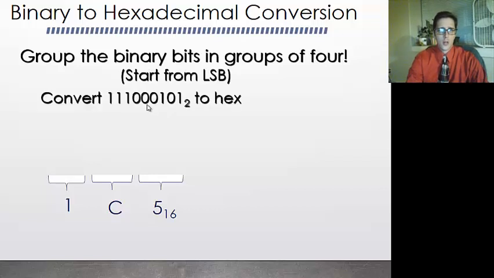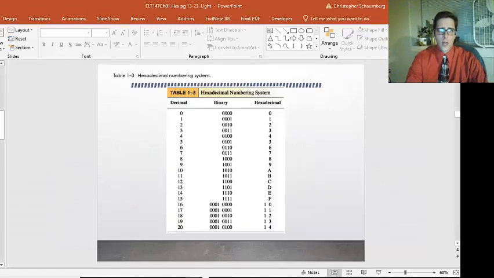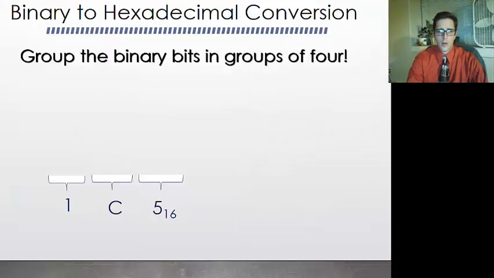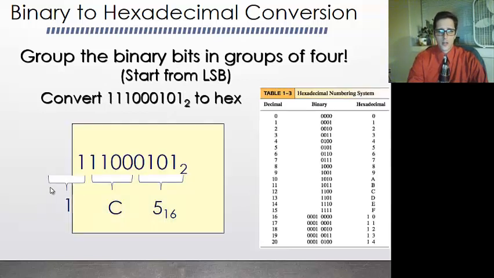Then we go 0, 0, 1, 1. If we go back, 0, 0, 1, 1 is right here, so that's C. So we have C, and then our last one, if we look at it, is just 1, so it's going to be 1 down here.